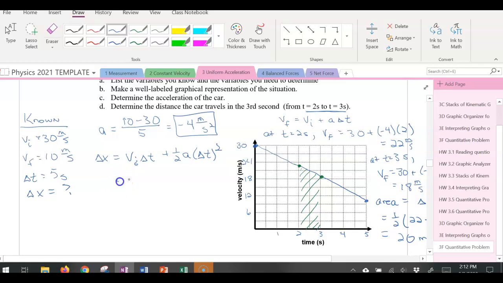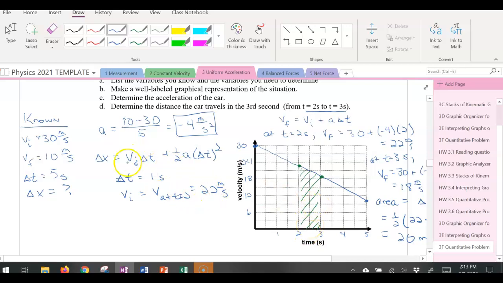The elapsed time from time 2 to time 3 is 1 second, and the initial velocity is the velocity at time 2, which is 22 meters per second, because I'm trying to find how far it moves from time 2 to time 3.